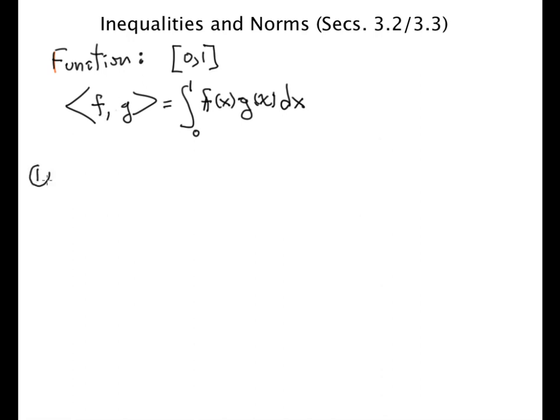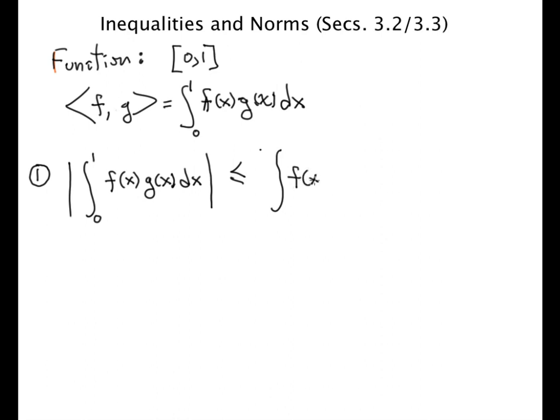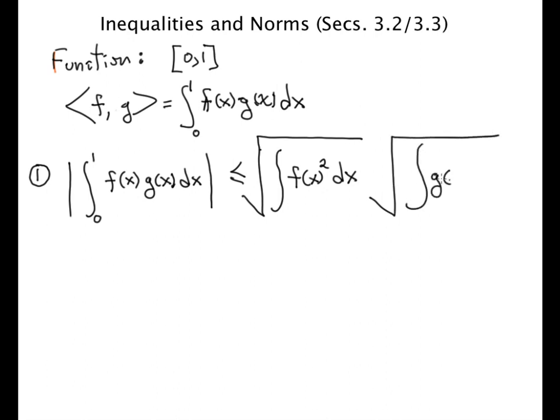And so what does the Cauchy-Schwarz inequality say? So the Cauchy-Schwarz inequality says that the absolute value of the integral of f of x and g of x dx is less than or equal to the square root of the integral of f of x squared dx, times the square root of the integral of g of x squared dx, from 0 to 1.